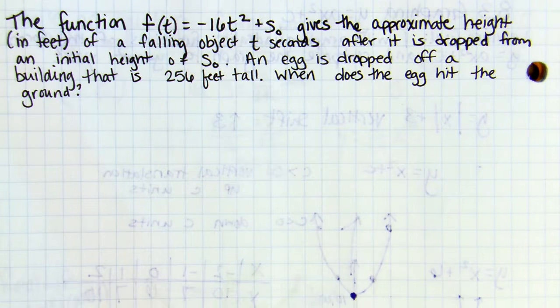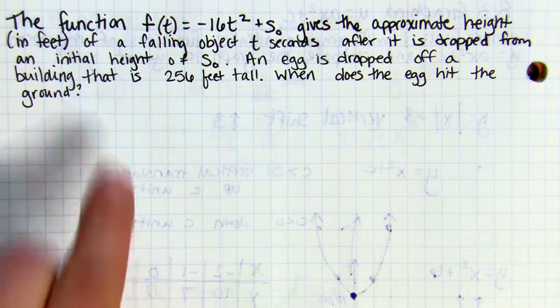Okay, our last example is a very common problem that you're going to see. You've already seen it a couple of times, and you're going to continue seeing it both in math and when you get into physics. So our function f of t equals negative 16t squared plus s sub 0 gives the approximate height in feet of a falling object t seconds after it's dropped from an initial height of s sub 0.